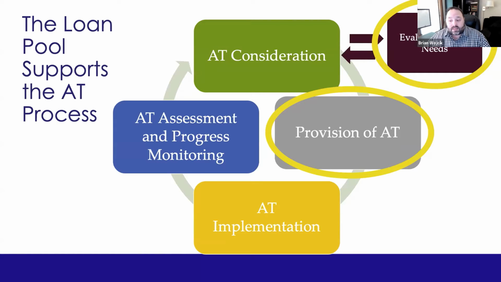Teams may borrow assistive technology for up to 60 days in order to make sure that the students' needs are met. Another example may be borrowing a backup assistive technology tool or system when the primary assistive technology, which has already been written into the student's IEP or IFSP, may need to be repaired or replaced. These options are intended as short-term options and should not be considered for the long term.